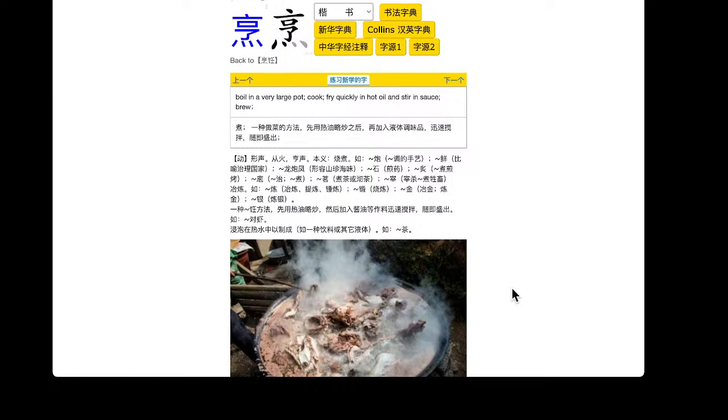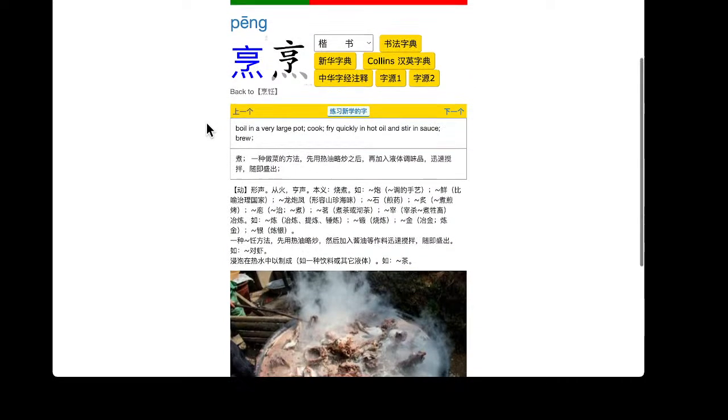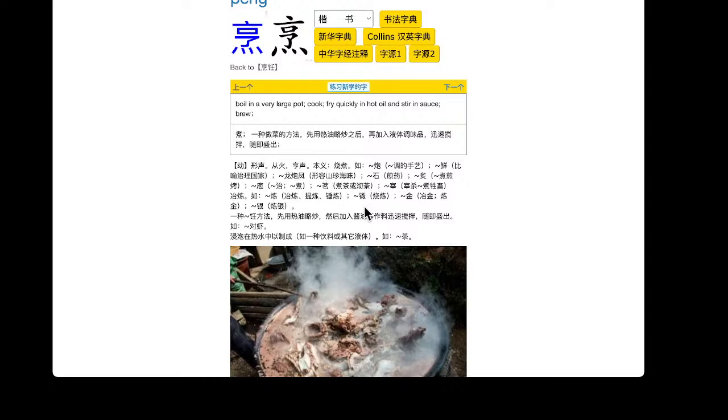And then they put in lots of water and start to boil it. The reason for that is to retain the water of the meat inside when they cook. So this is a way of cooking called 烹.